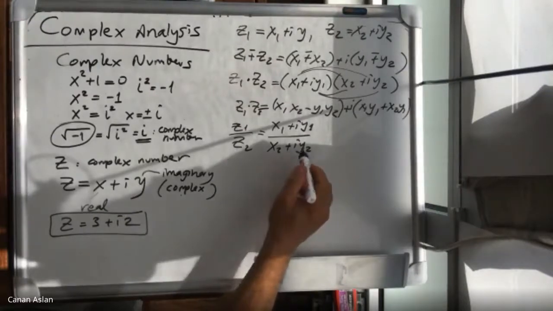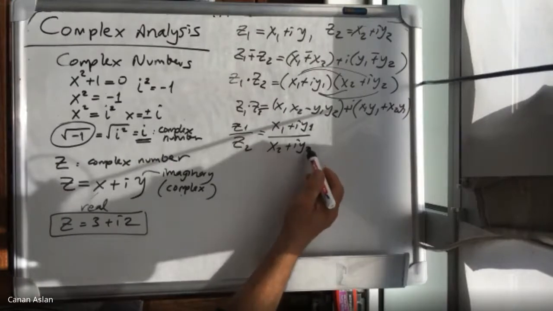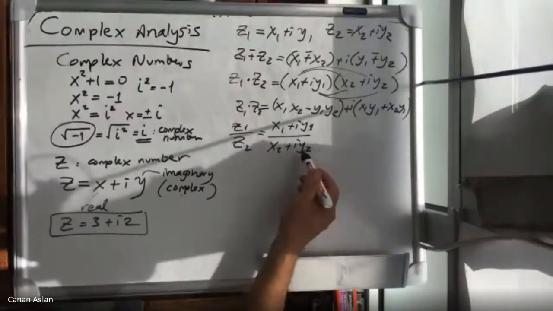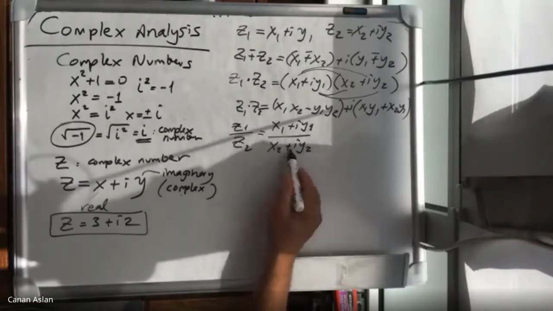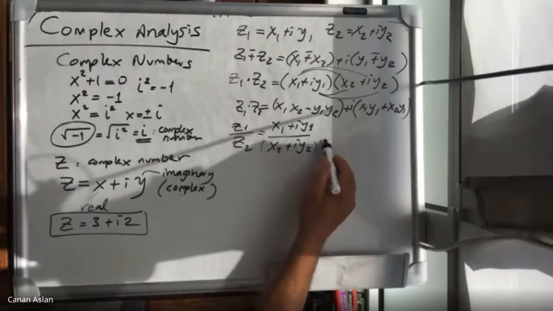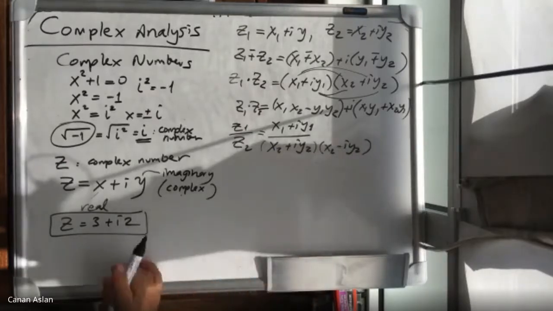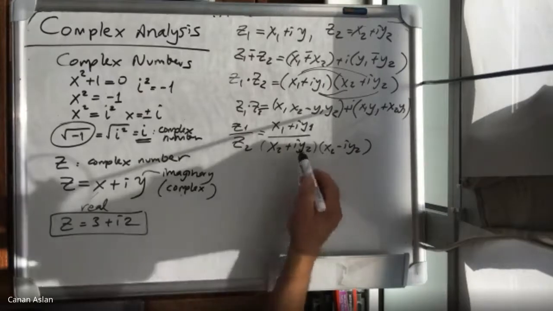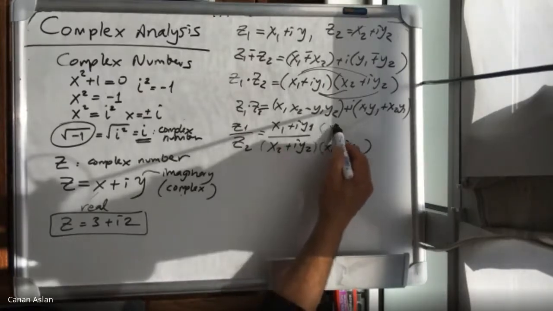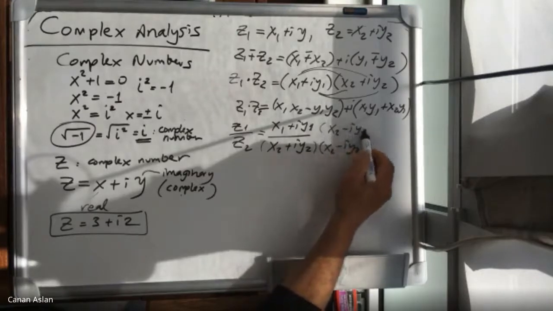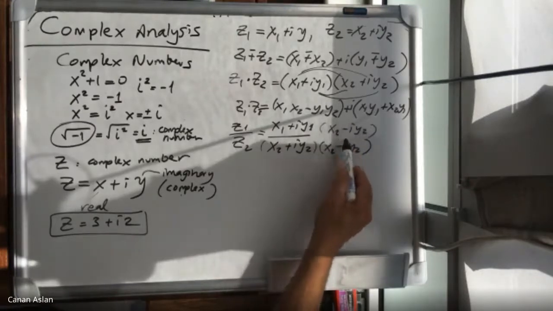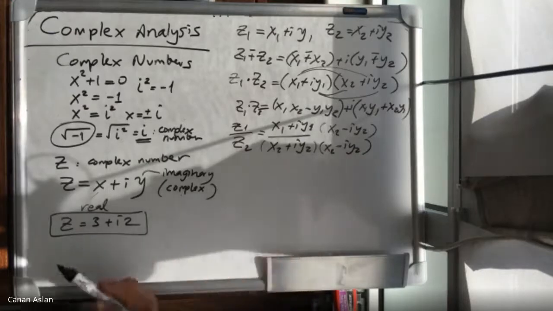So we have to get a real number, or a real function if it is given as functions, in the denominator. In order to get the real thing, we have to multiply this by x2 minus i y2. It's the complex conjugate of the denominator, so it's just changing the sign of the i term. And then, of course, when you multiply the top by the same thing, nothing changes, right? So we multiply top and bottom by the complex conjugate of the denominator.